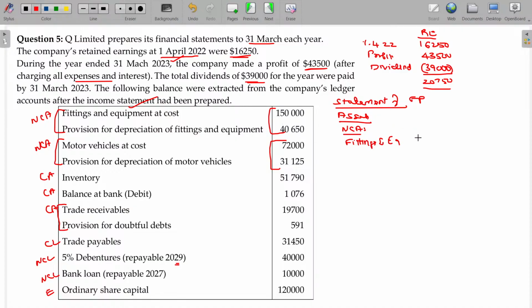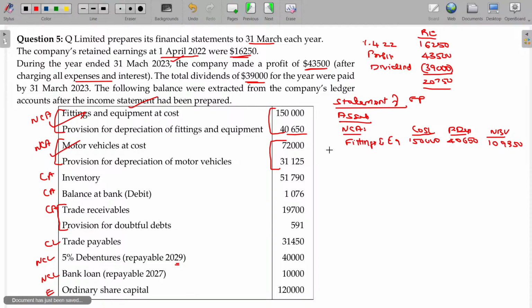Cost being 1,50,000. Provision for depreciation on this being 40,650. The net book value being 1,09,350.